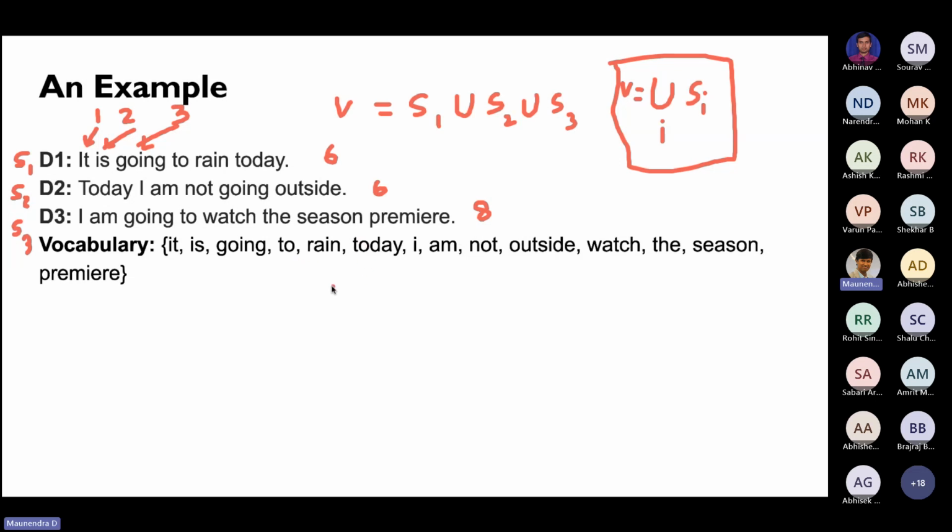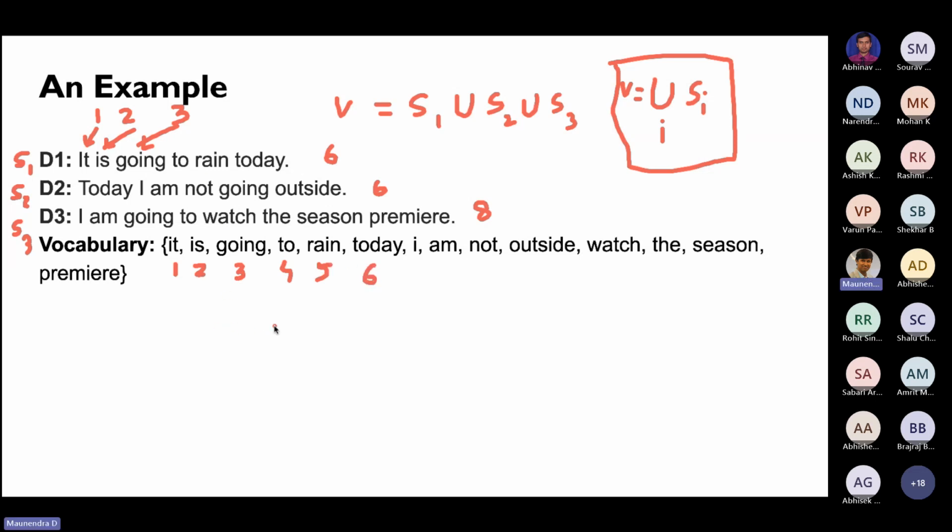All right. So coming back to our example, given the documents, following some basic rudimentary steps, we can construct this vocabulary. Now, the very first representation said that if I assign some ID to all these words, suppose the first has ID 1, is has ID 2, going has ID 3, then 4, then 5, 6.